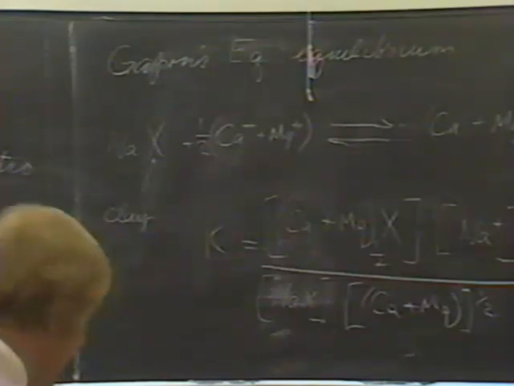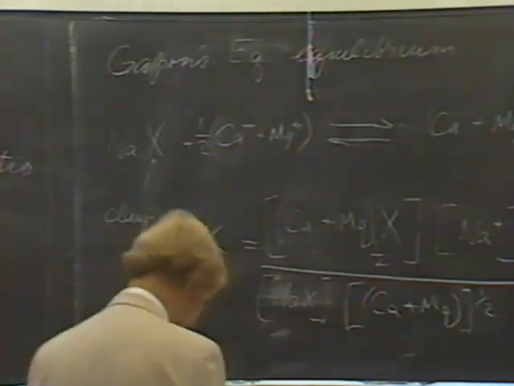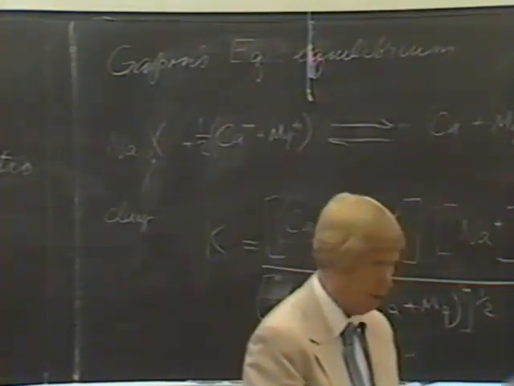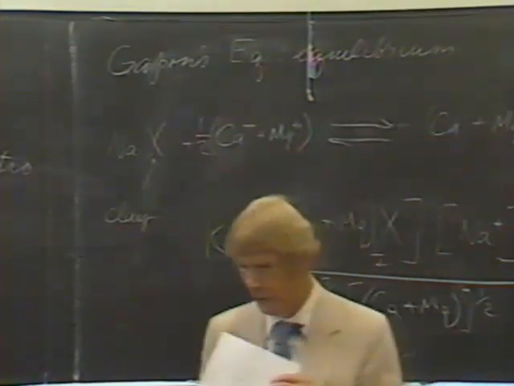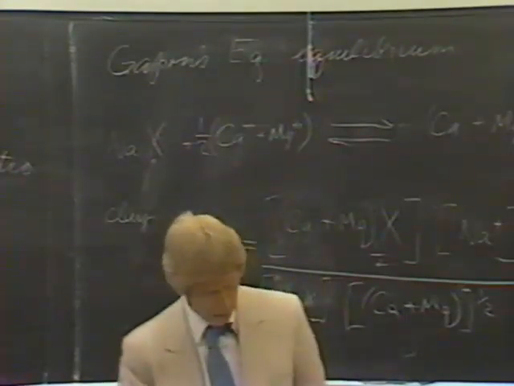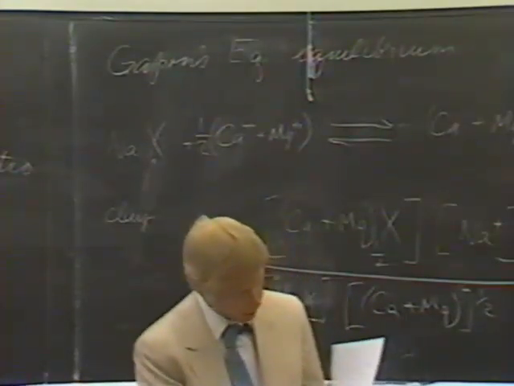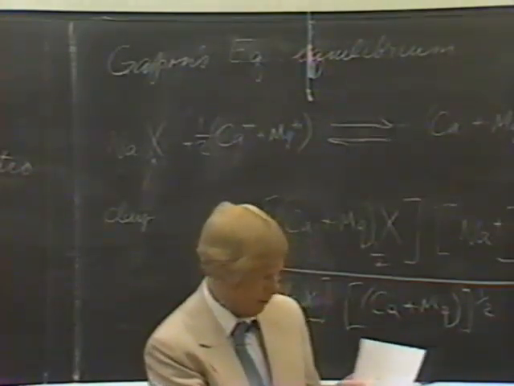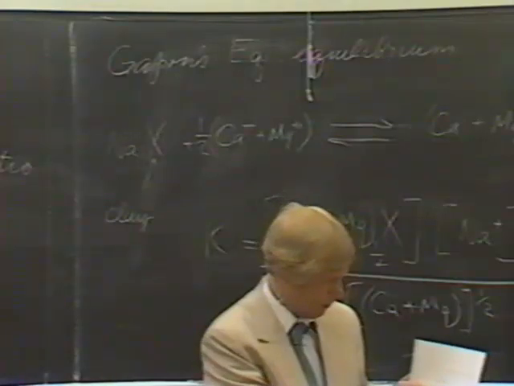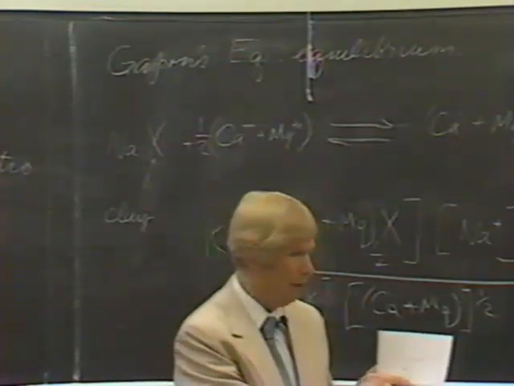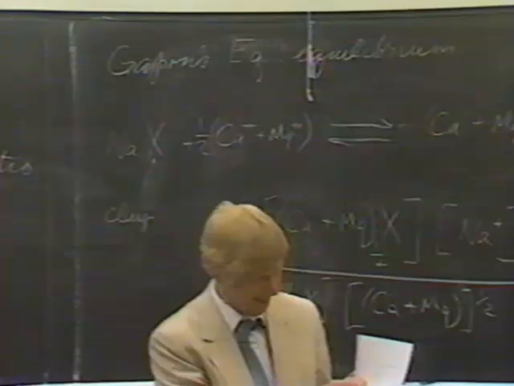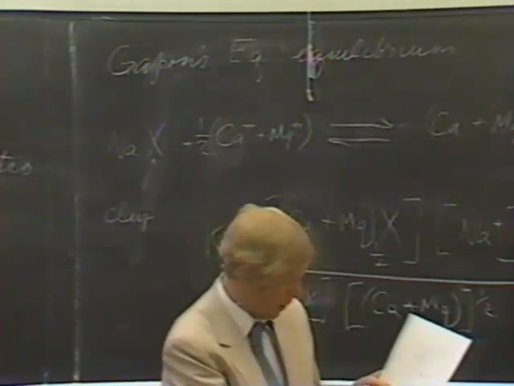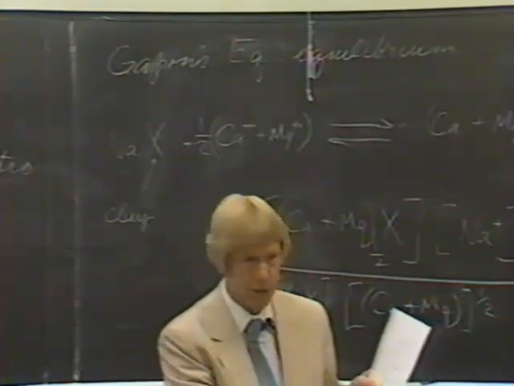And you can see that the abscissa is total cation concentration in milliequivalents per liter. This is in moles per liter, but we can express this in milliequivalents per liter as Na plus concentration divided by calcium plus magnesium divided by 2, the 1/2 power.